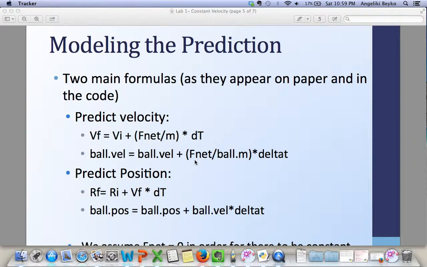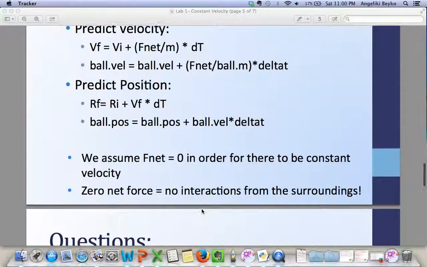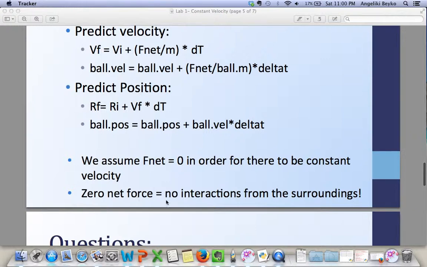This is what the line of code looks like. And for predicting position, we have the final position equals initial position plus final velocity times change in time. And here's the line of code for that. So we assume net force is 0 in order for there to be constant velocity. 0 net force equals no interactions from the surroundings.